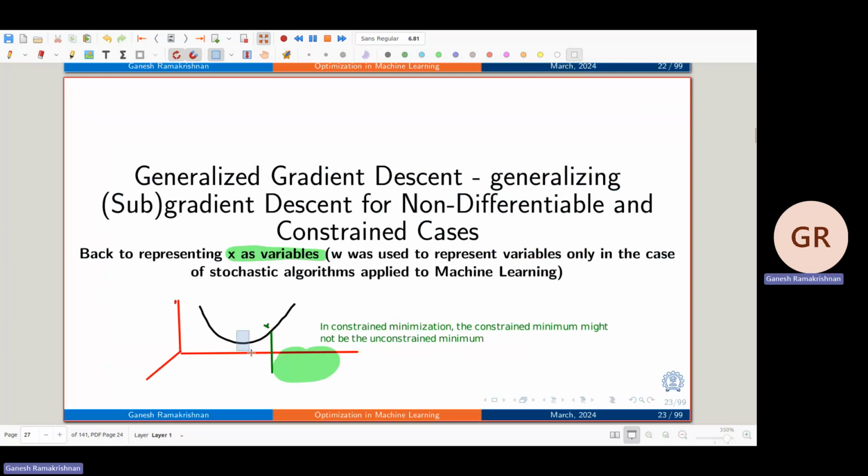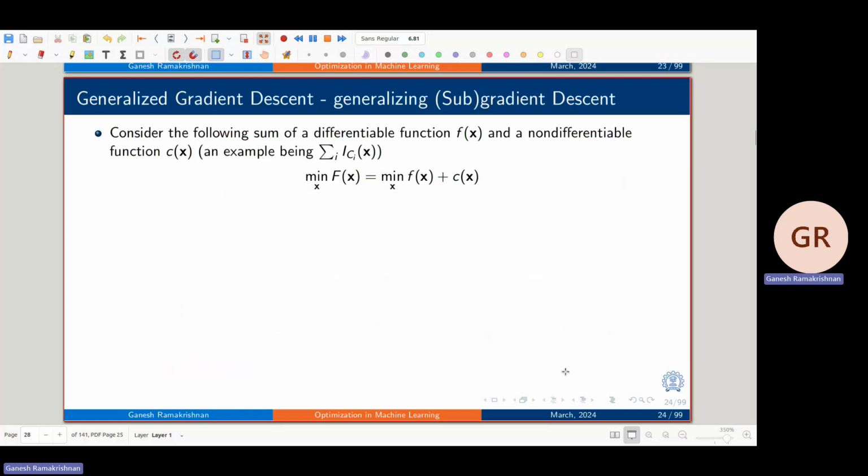But my unconstrained minimum will be somewhere here. So how do I put in the constraint? How do I put in a constraint which could also be viewed as a function, but a non-differentiable function? It's not even a continuous function. So we'll consider this very general optimization framework.